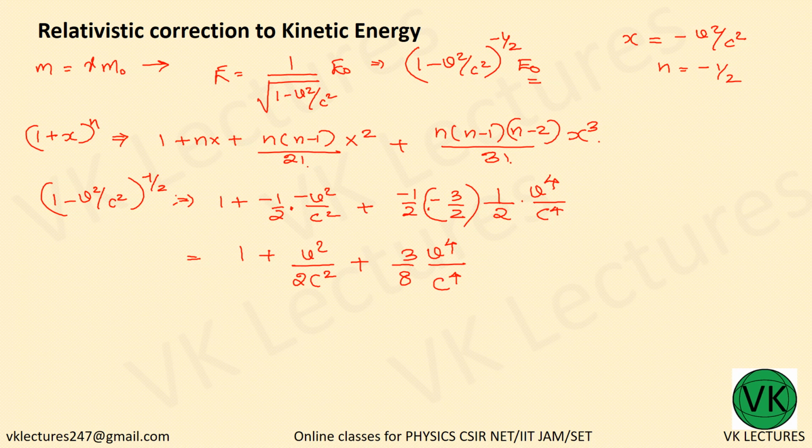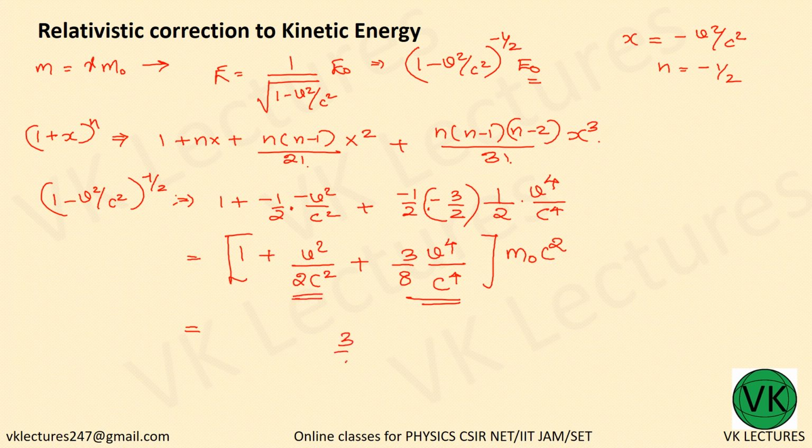Now this goes on, but we will stop up to here, and E naught is nothing but m naught c squared. Now you need this particular term, the correction. This is first order correction, this is second order correction.